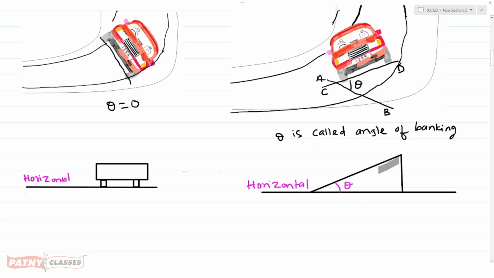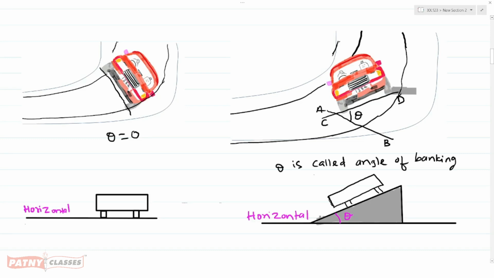Here we made the road so that one side is higher, and another part of the road is touching the ground. So this is the actual road. One side of the road is higher and the other side is almost touching the horizontal surface.